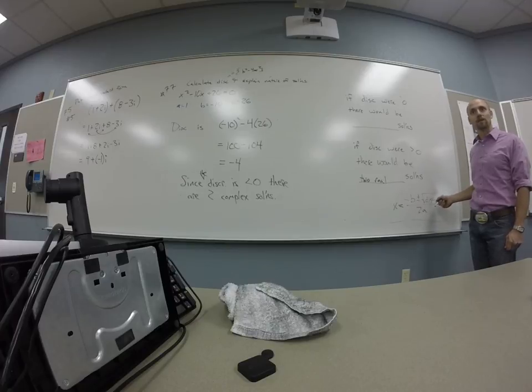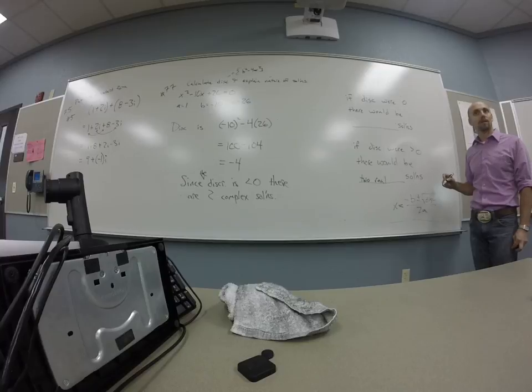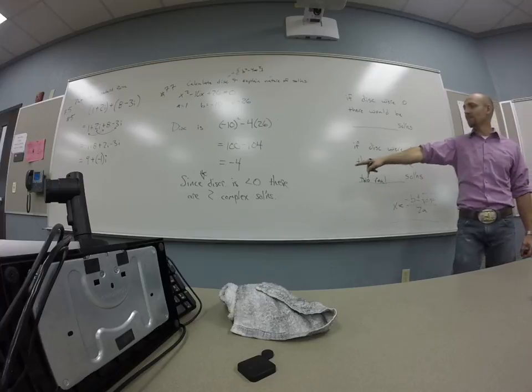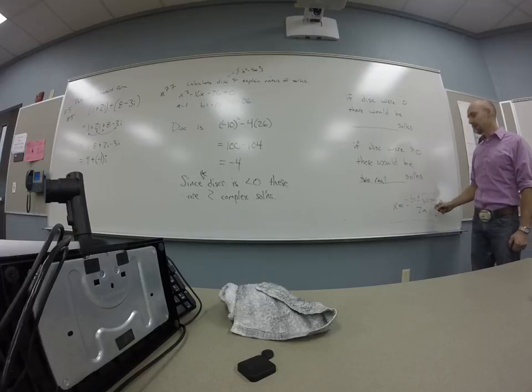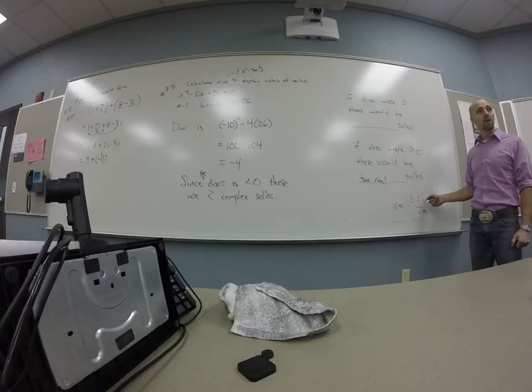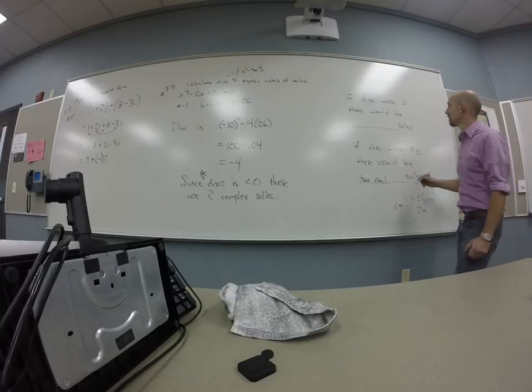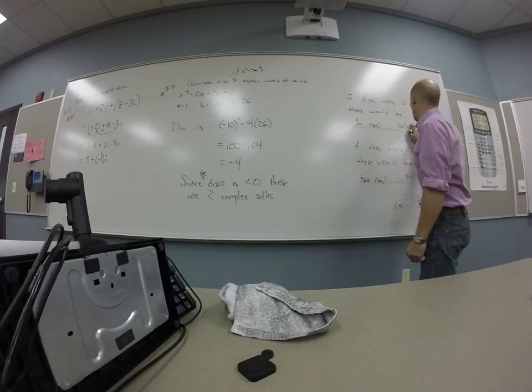What if it was 0? When it's negative, there's 2 complex solutions because I got i's in here. When it's 0, what's the square root of 0? 0. What's negative b plus or minus 0? Still negative b, so there's only one solution then. One real solution.